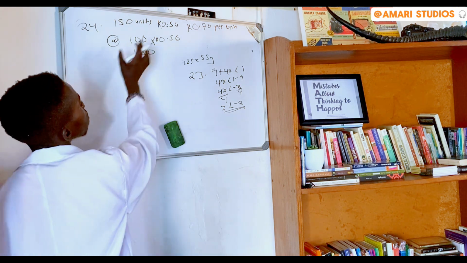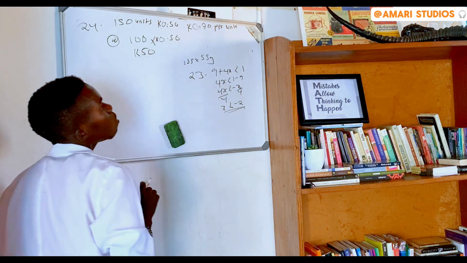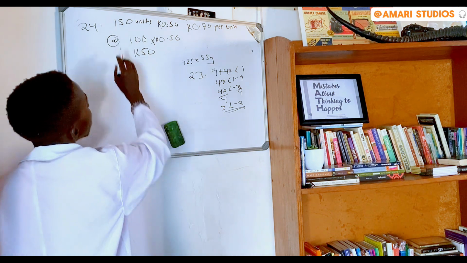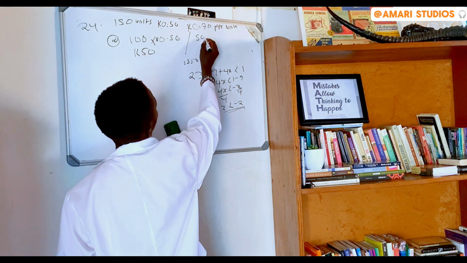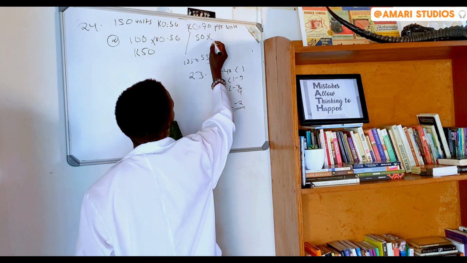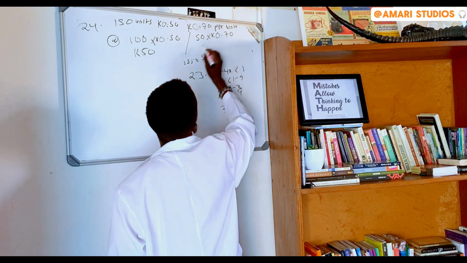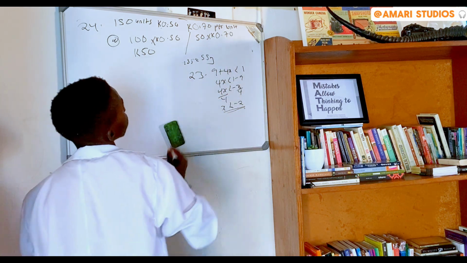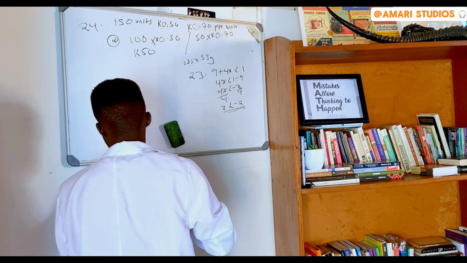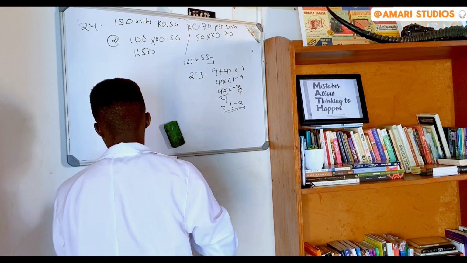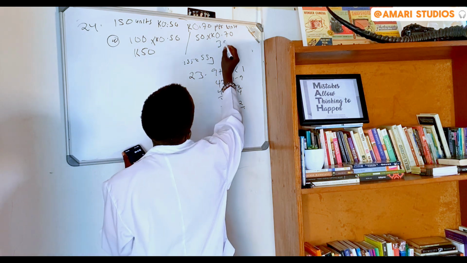Then it is saying that the rest of the units were bought at 0.70 per unit. So the rest of the 50 units were bought at 0.70, and if you multiply 0.70 by 50, you are going to get 35 kwacha.